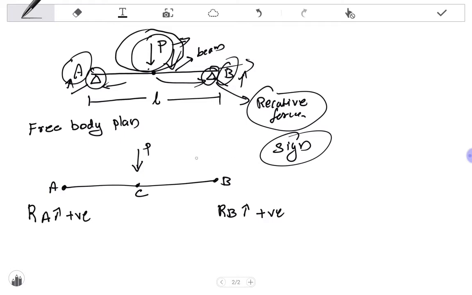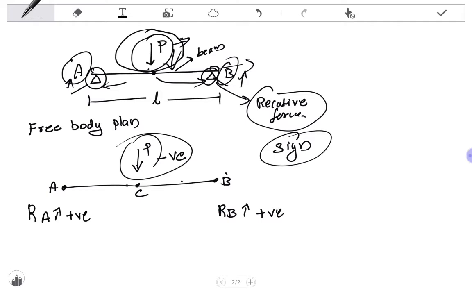Okay, the forces acting downwards are considered negative. When a downward force acts on a beam, the supporting points, or the ends of the beam, will take the load and share it equally.